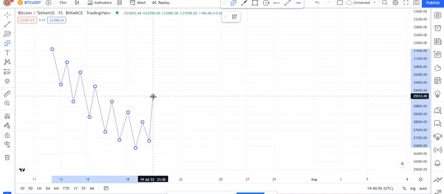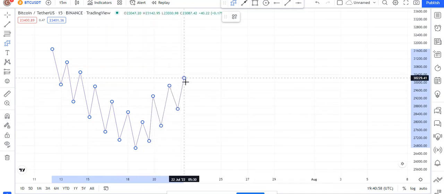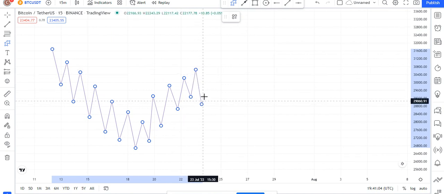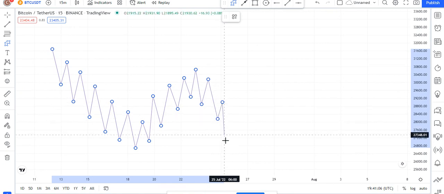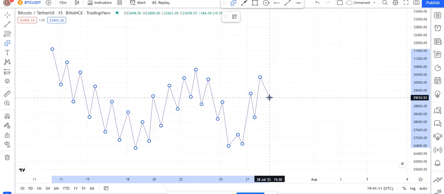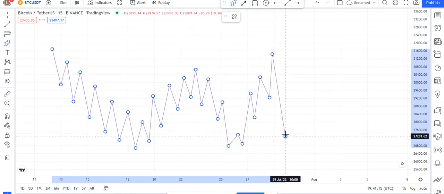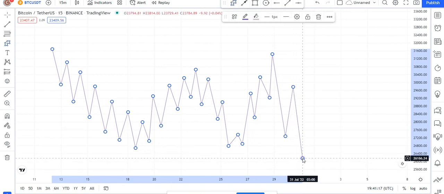So we started retracing. Okay, so it made a high here, suddenly came down and continued lower before it finally came up again and takes out this high and then aggressively goes down and continues the downtrend.